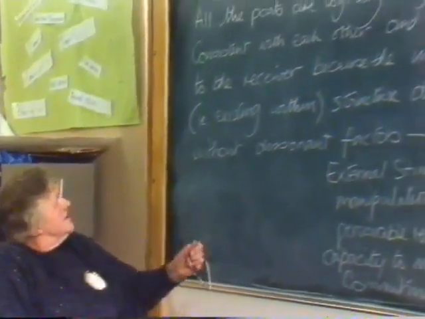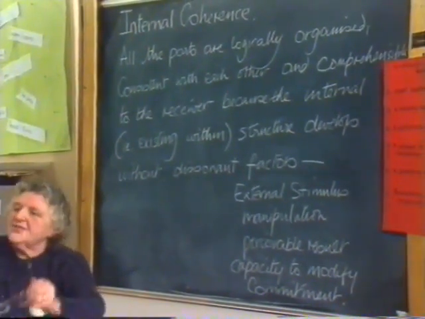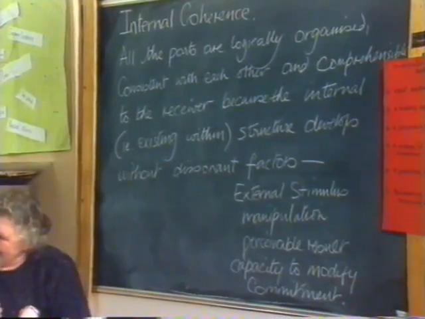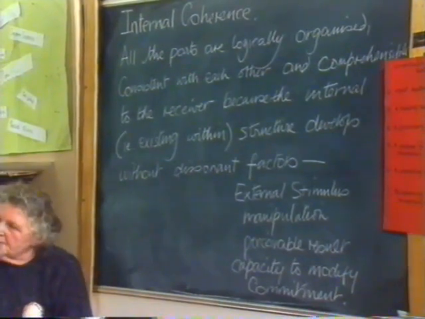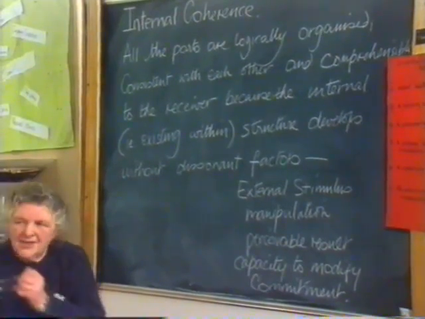So it's logically organised from the inside of the children's experience. It is consistent, each stage is consistent with the stage that's just gone before. Internally, it's consistent to look at Tudor paintings if you're making Tudor dolls, not because Tudor outsides matter. The second thing is it's comprehensible to the receiver.